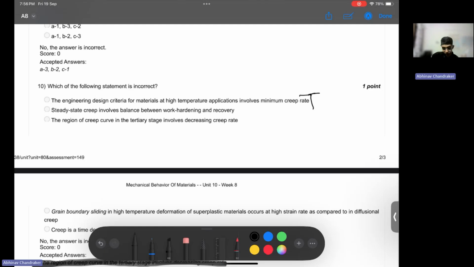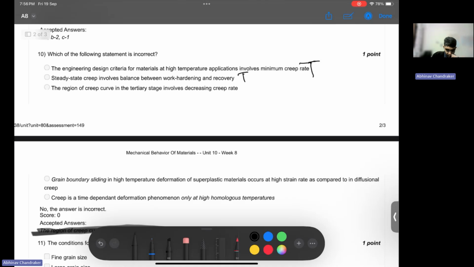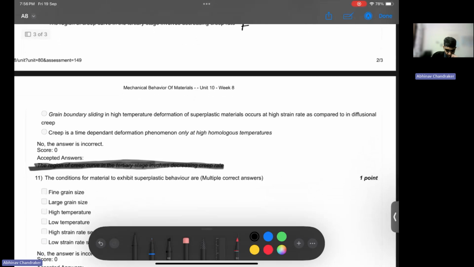Steady state creep involves balance between work hardening and recovery. True. Region of creep curve in the tertiary stage involves decreasing creep rate. Not true. Increasing creep rate. False. Tertiary is accelerated creep.